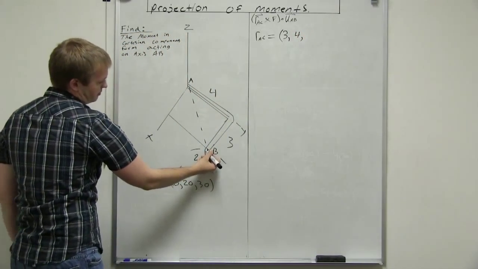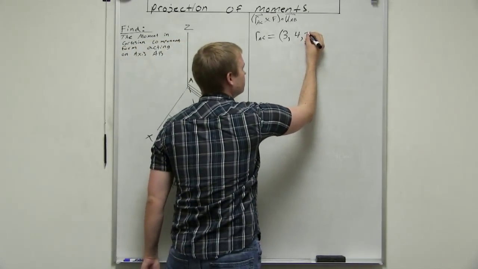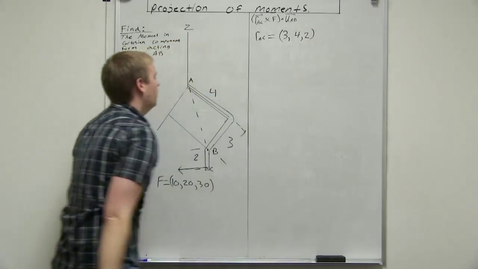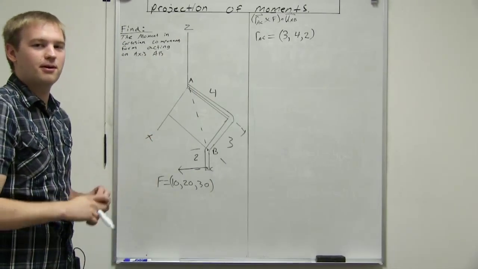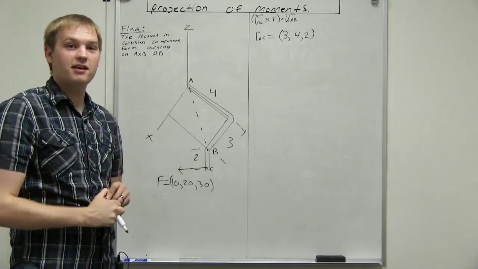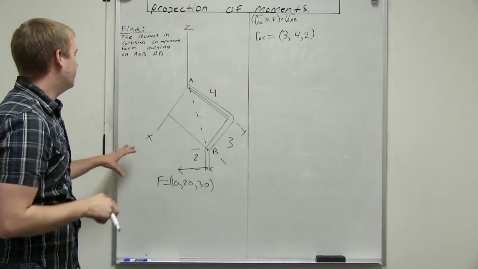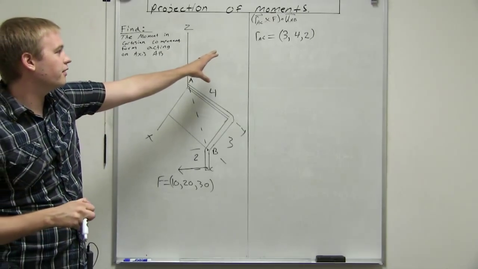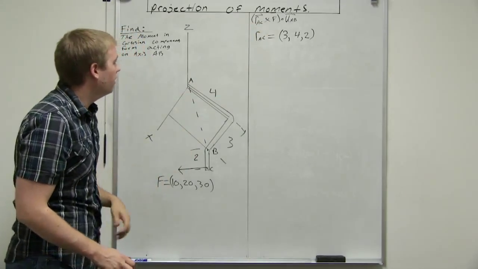And it goes down 2 in the z direction. Again, I'll apologize for the board drawing. I'm not the best at 3D problems, but when you do these in the book, hopefully you'll be able to see what's going on a little bit better. Okay, so now we have the position vector from A to C for our cross product.